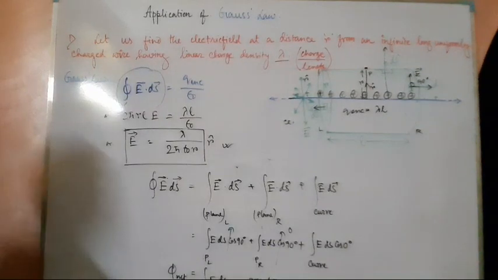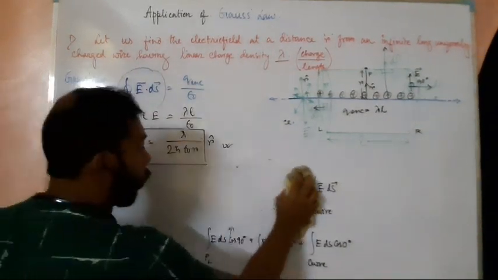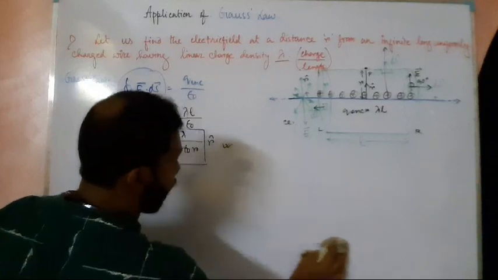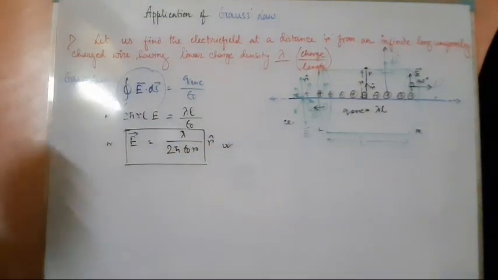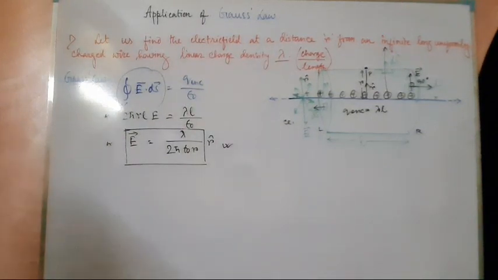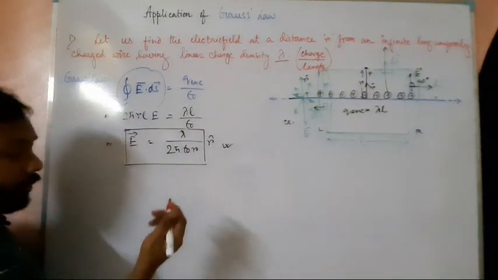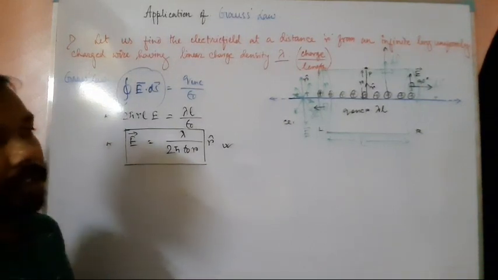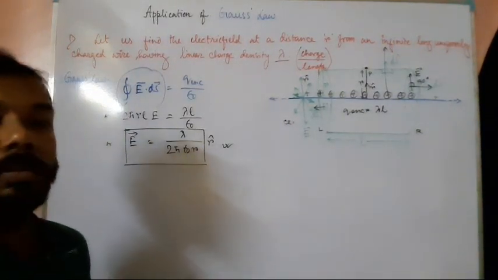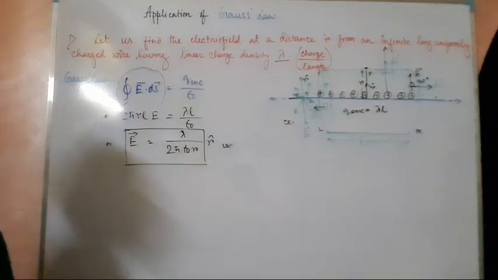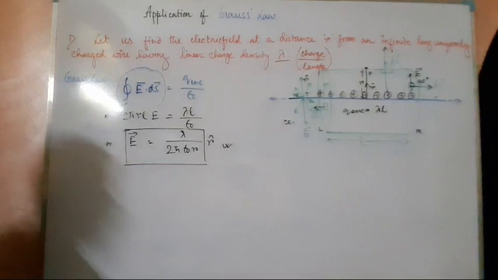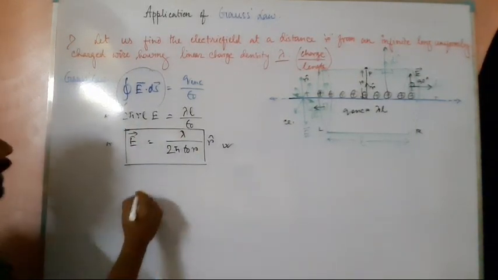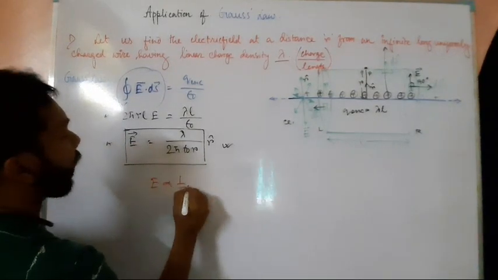And one thing we can note here, which we have also learned before: the electric field for a point charge varies as 1 by r square, but for this infinitely long wire, the electric field varies as 1 by r.